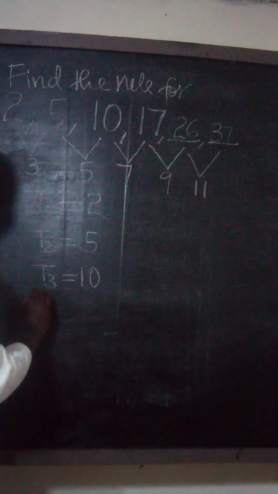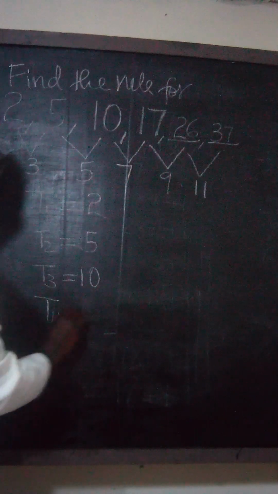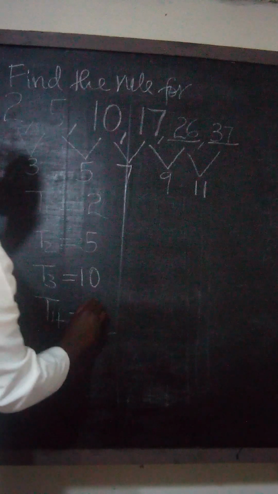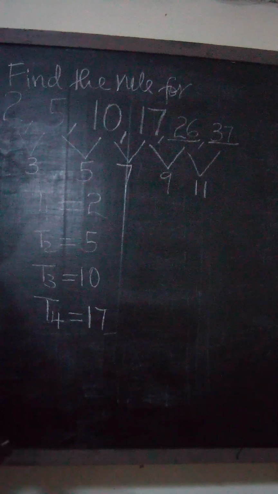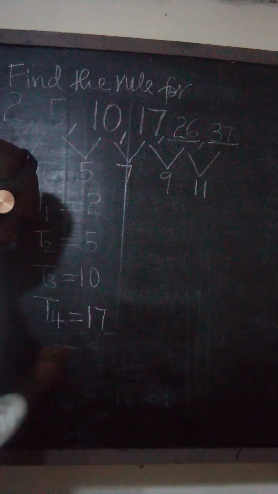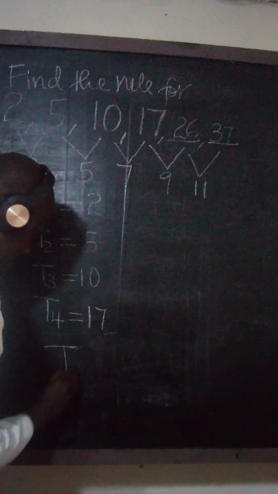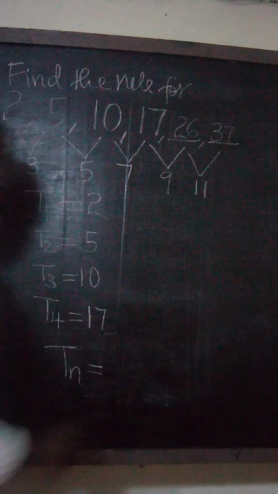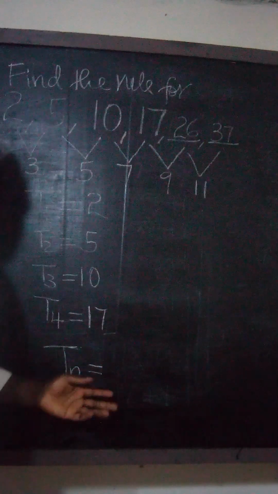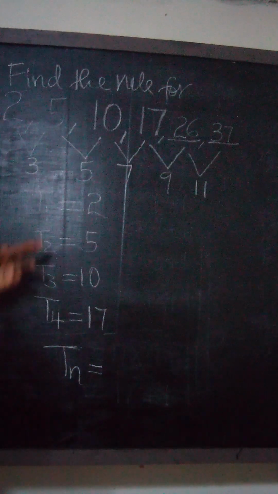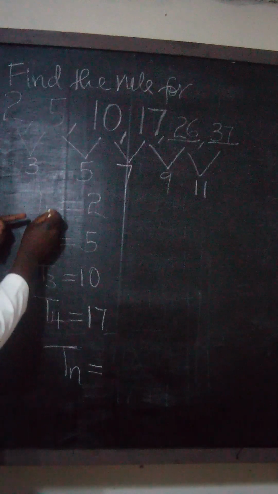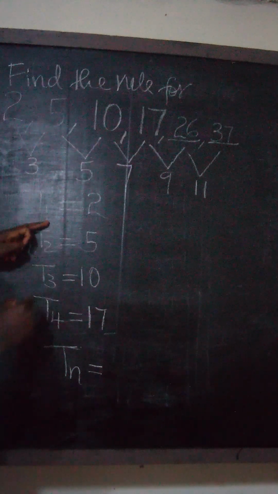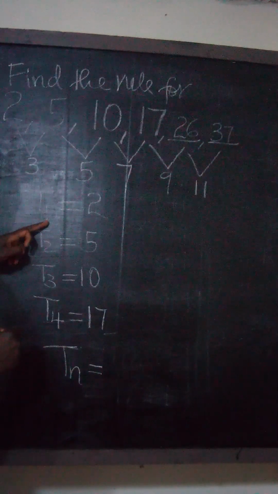The fourth term, T4, is 17. And therefore the rule that we need is Tn, the nth term. So let us consider the first term, T1. I want to replace it with this number 1.